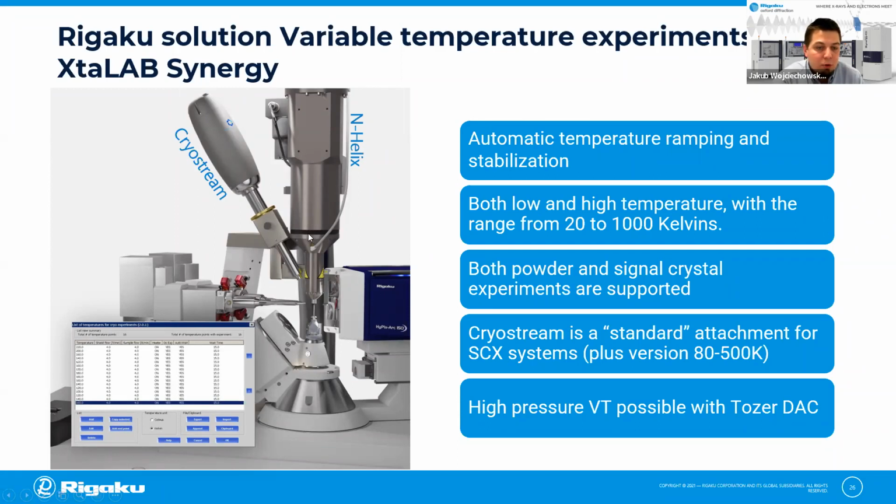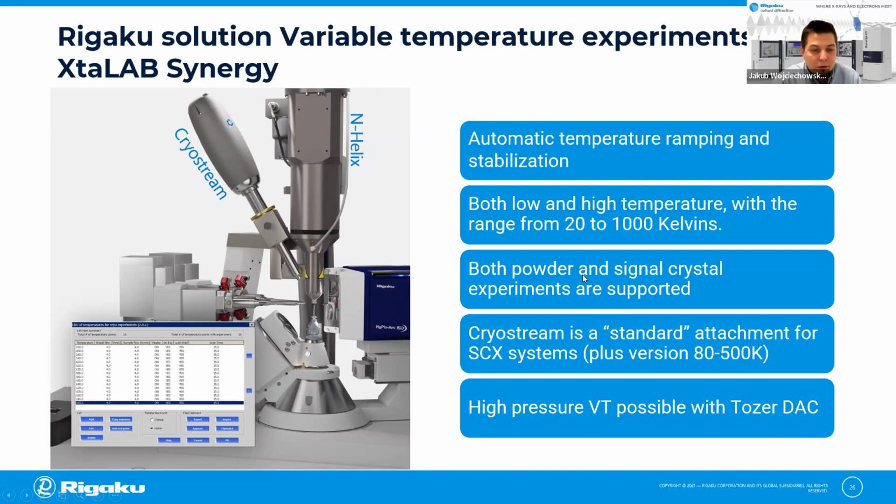We can mount both a Helix and Cryostream, also a hot blower, giving us the full range from 20 to 1000 kelvins. And as I mentioned, the Plus version of the Cryostream can cool and heat. So you have a decent range of 80 to 500 kelvins with the Cryostream 800.